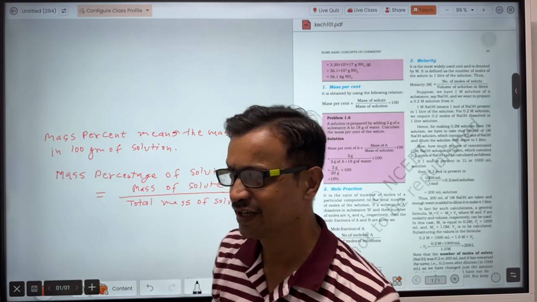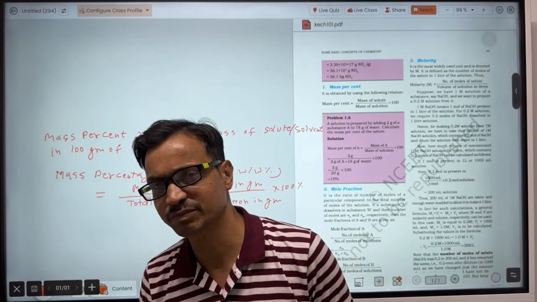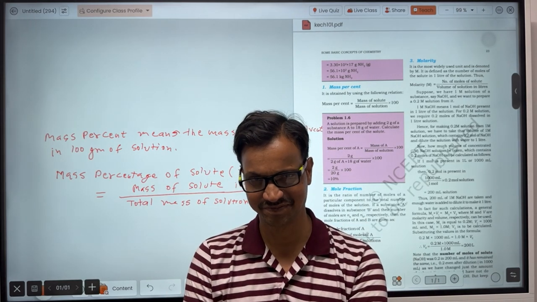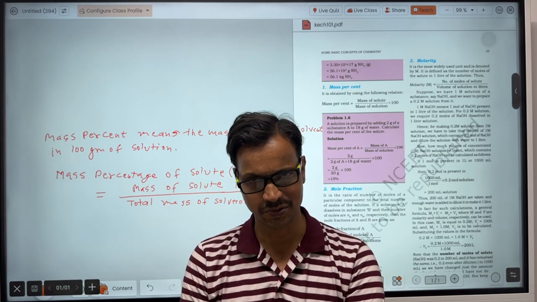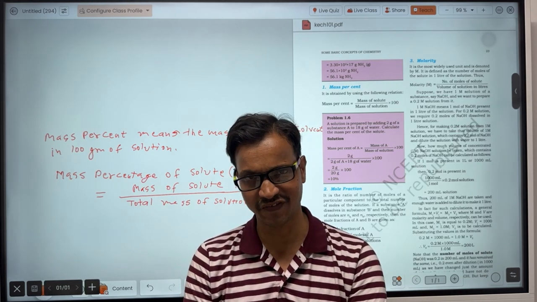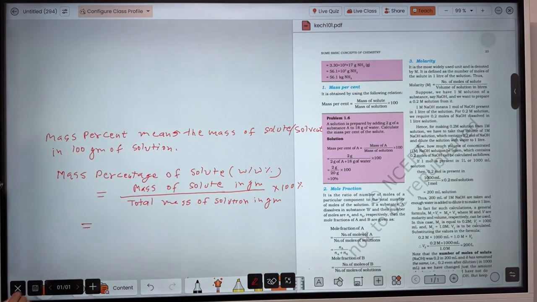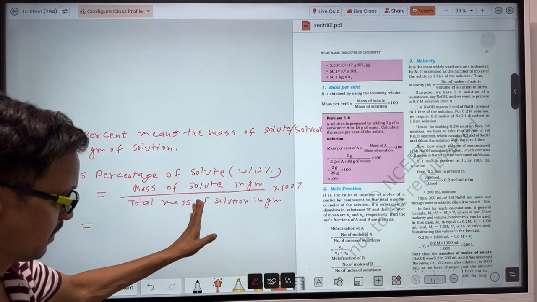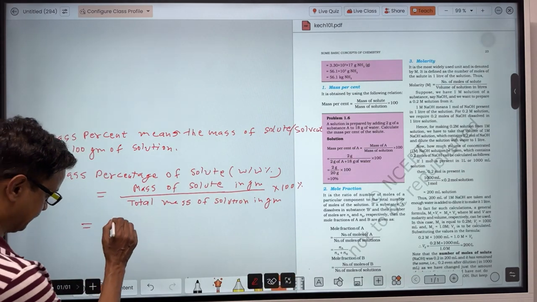In the same way, mass percentage of solvent can also be found. One thing more: in the solution, there will be both solute and solvent. So the total mass of the solution will be equal to mass of solute plus mass of solvent. So that can also be written as mass percentage of solute equals mass of solute in gram, upon mass of solute plus mass of solvent in gram, into 100.